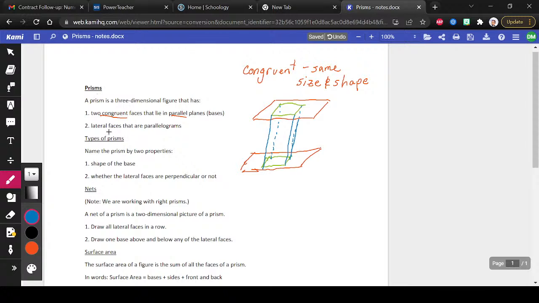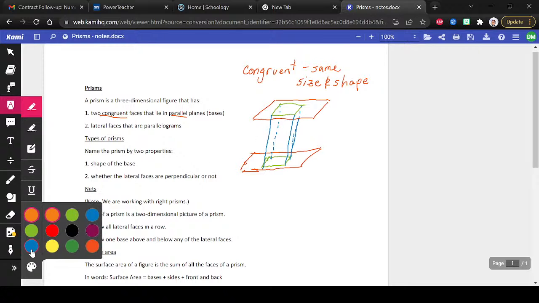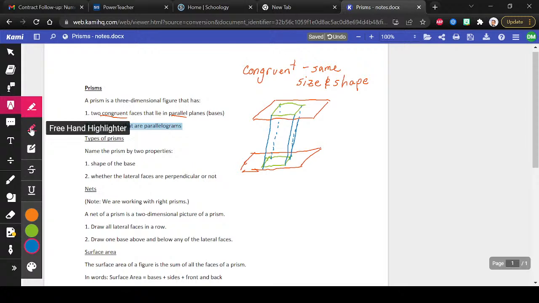And so what you need to know is that the lateral faces are the faces that aren't the top and the bottom. So in this diagram, the pieces that would be in blue, I can do it this way here. Let me get a highlighter, yep, markup. If I do this stuff here, this is a lateral face.